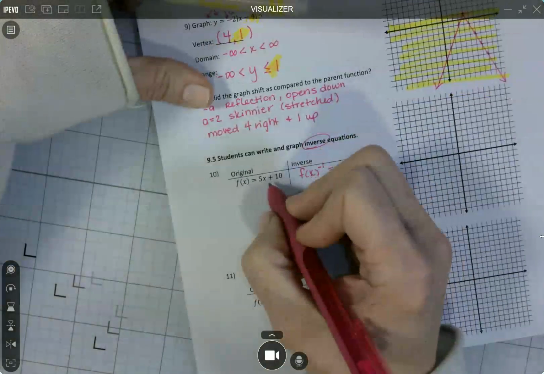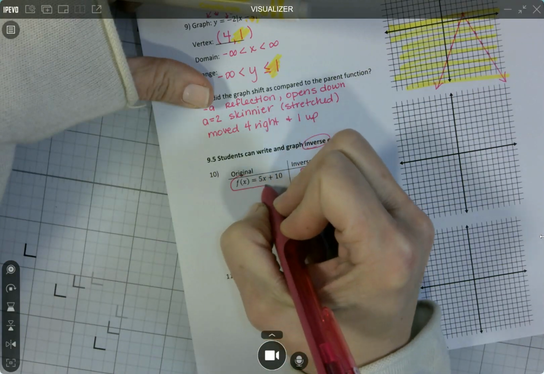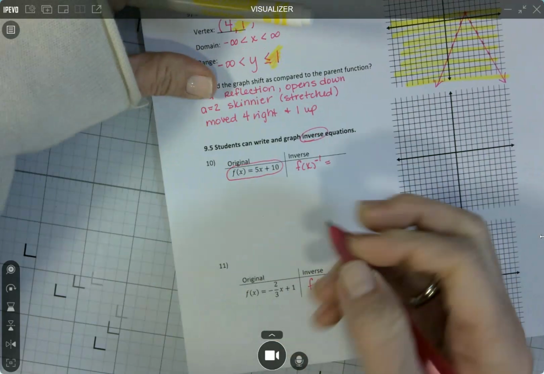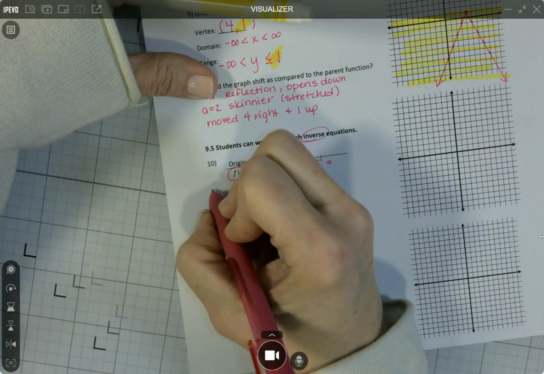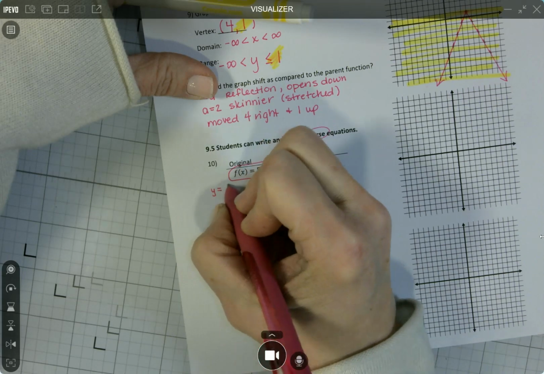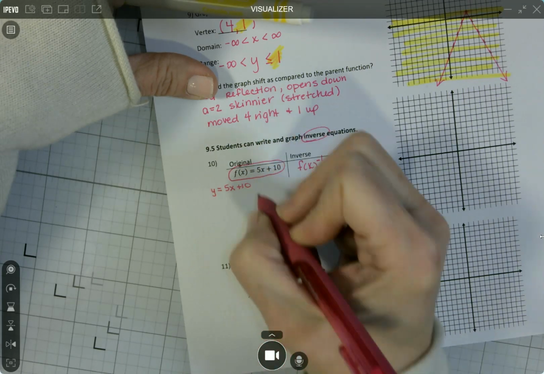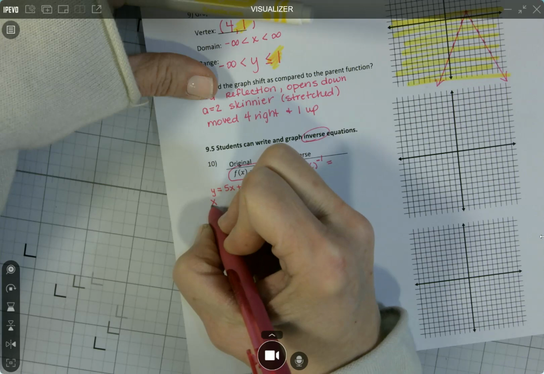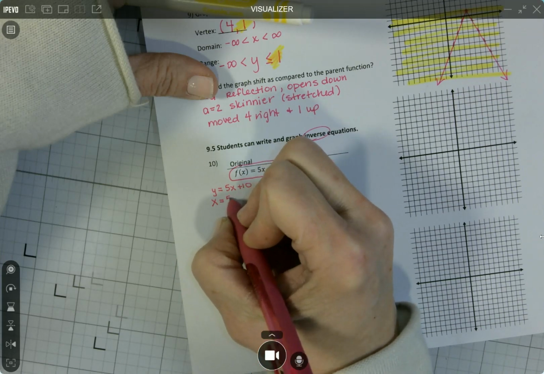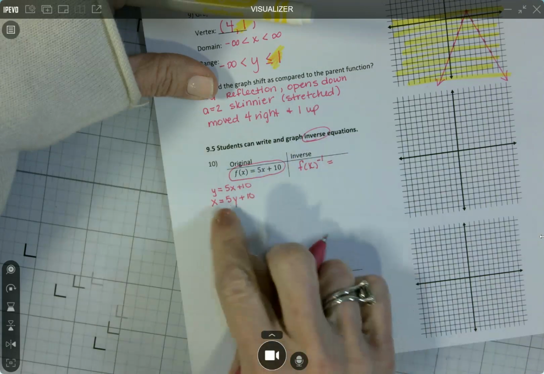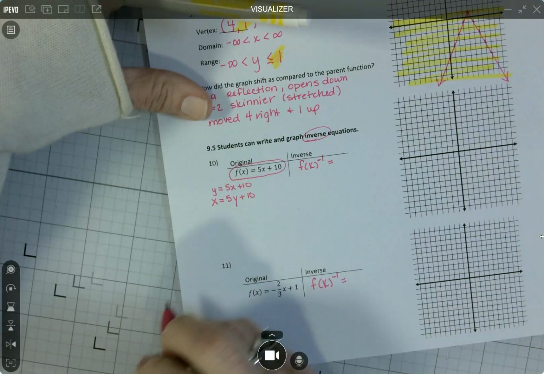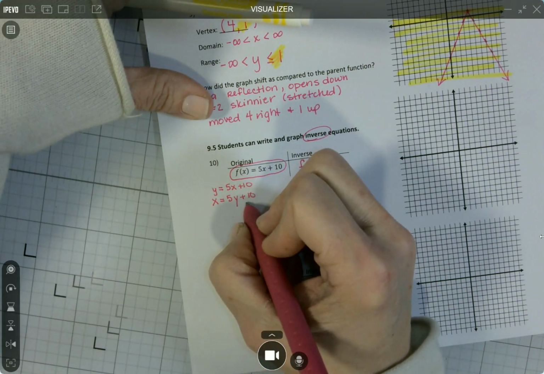This is our original, and we are going to have to graph that. So what we're going to do first is rewrite it, y equals 5x plus 10. We're going to change x and y, like we're going to switch them. Okay, so they trade places, and then we're going to get y by itself.